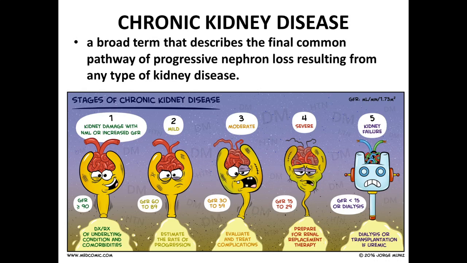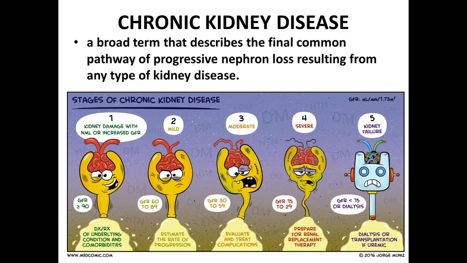The second, mild stage, has a decreased glomerular filtration rate from 60 to 89, with estimation of the rate of progression. And the third, moderate stage, evaluate and treat the complications, with a glomerular filtration rate from 30 to 59.